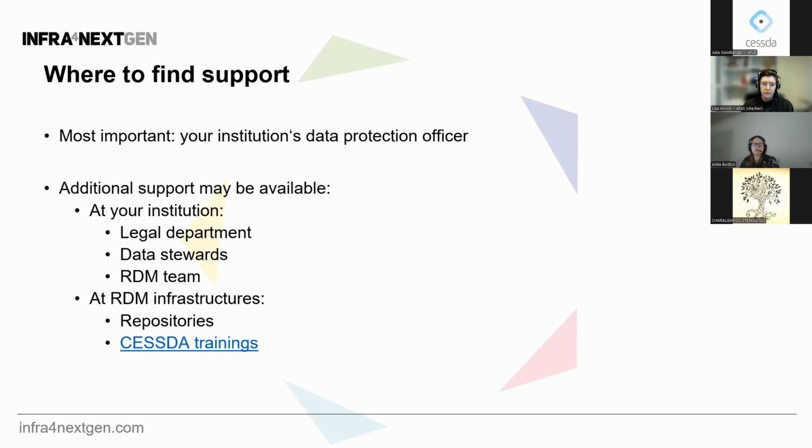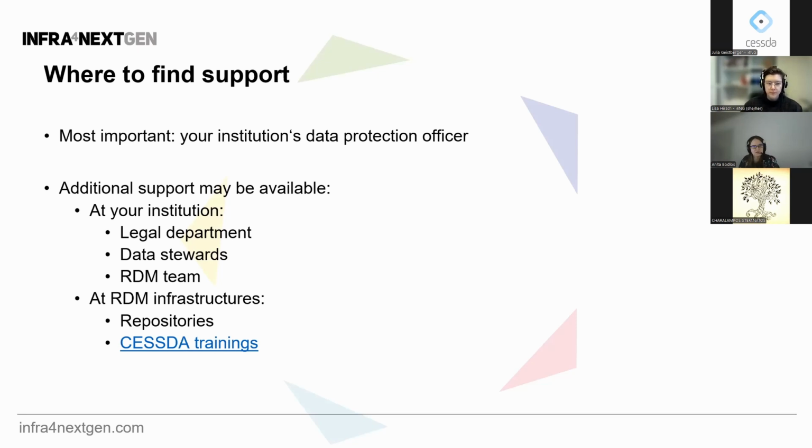For instance, the legal department may answer legal questions and data protection questions, or maybe there is a special office dedicated to data protection regulation at your institution. Maybe there are data stewards employed at your institution who have experience with working with personal data, or maybe there is a team working on research data management at your institution who is familiar with this topic and can offer you some guidance.